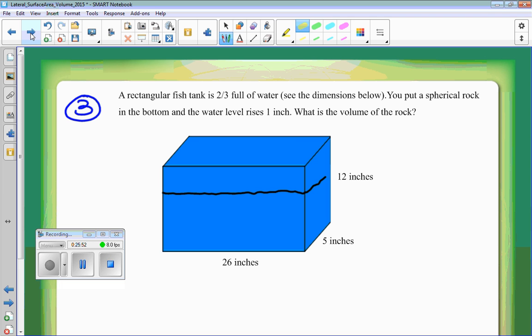So we have a rectangular fish tank that's 2/3 full of water. I realize I drew the whole thing blue. Sorry. But I tried to draw a little line in there to show you 2/3 full. I've got the dimensions of the tank there.